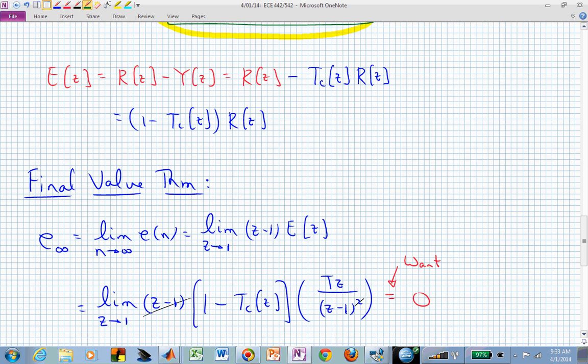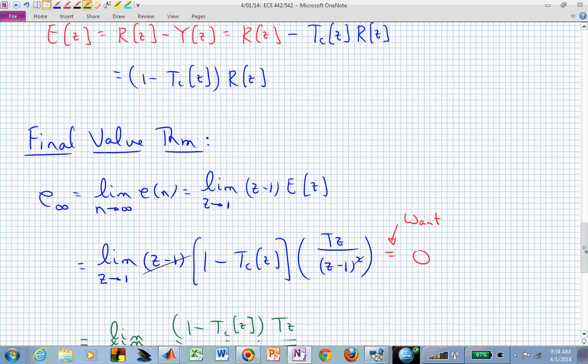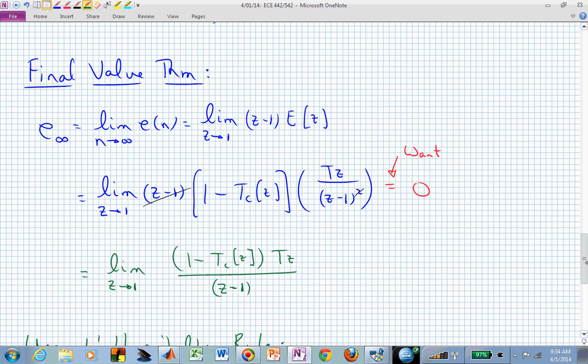Using the final value theorem, we can say that the limit as z goes to 1 of the quantity z minus 1 times E of z, we want to drive that, or select alpha in this case, such that the expression becomes 0. That's what we want to satisfy our steady state error spec.